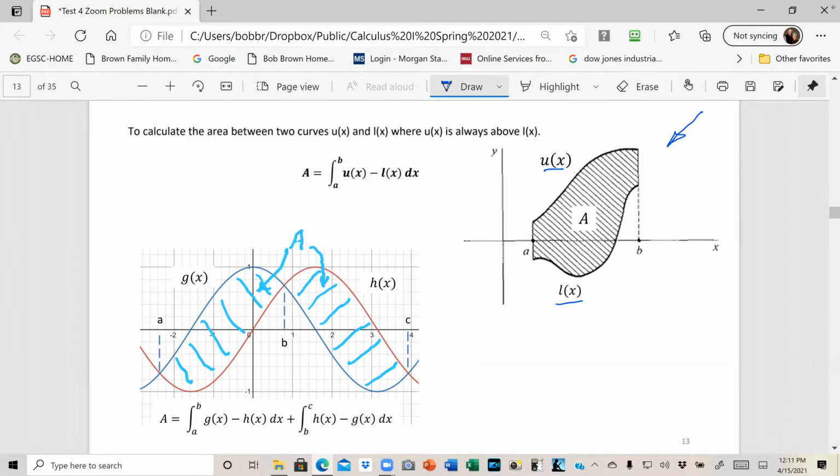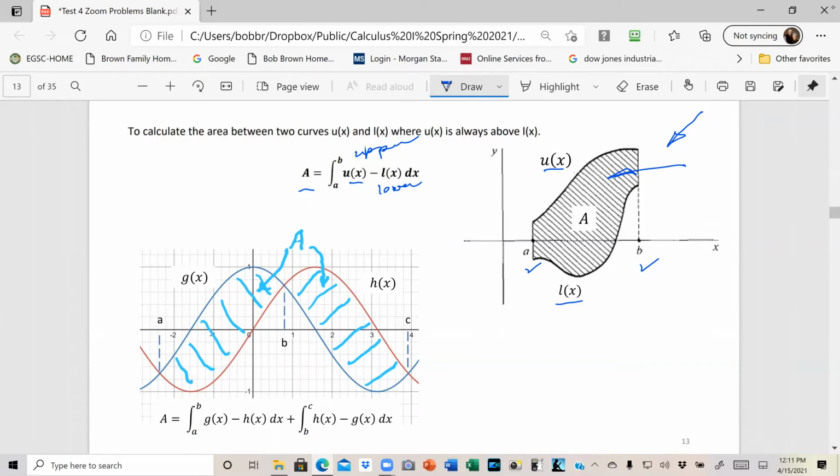And if one is above the other for the entire interval from a to b, then you can see the shaded area would have an area A, and the area A would equal the integral of the upper minus the lower.